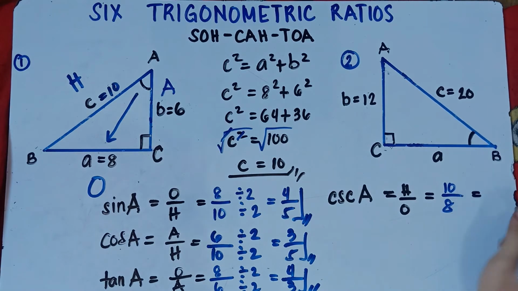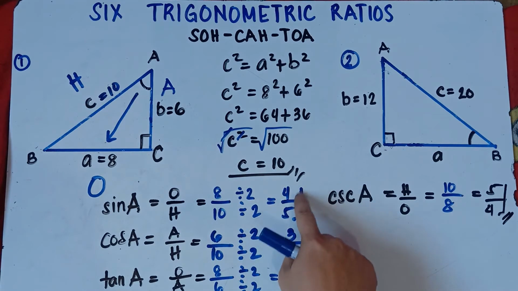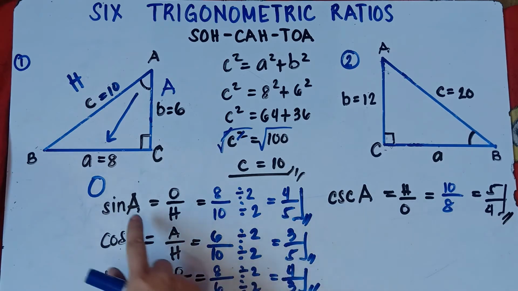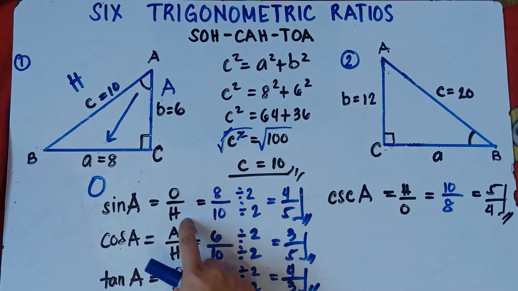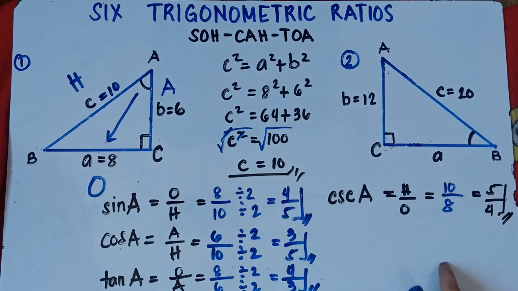So 10 divided by 2 is 5. 8 divided by 2 is 4. 5 over 4. Or you can actually get the answer, class, just by getting the reciprocal of the answer for sine. This will be the answer for CSC, because sine, O over H, is the reciprocal of CSC, H over O. So if this is your answer for sine, just get the reciprocal. That would be your CSC.